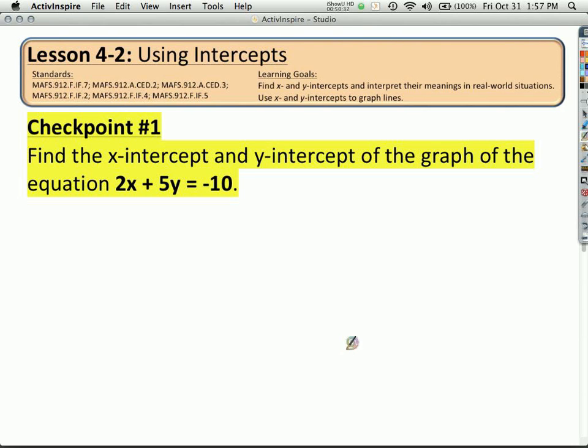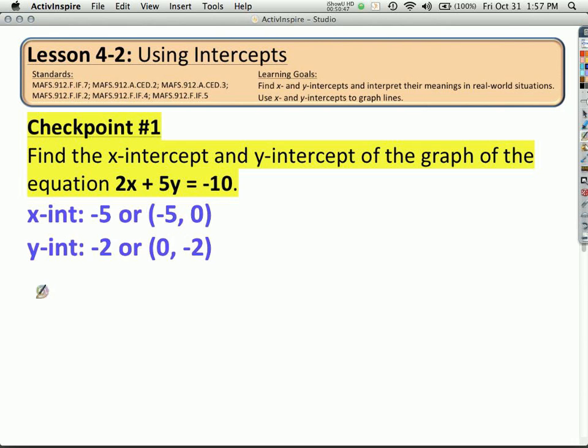The x-intercept is -5 and 0 and the y-intercept is 0 and -2. Is that the same thing that you said? X-intercept is -5. Y-intercept is -2.